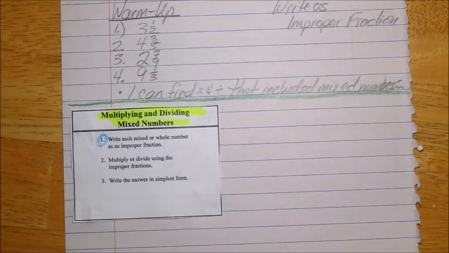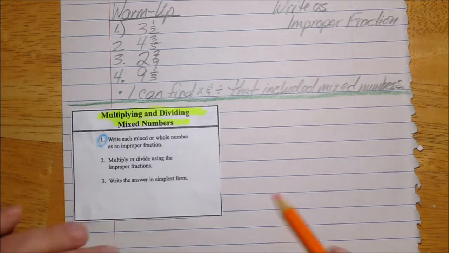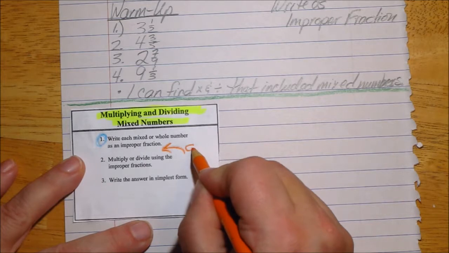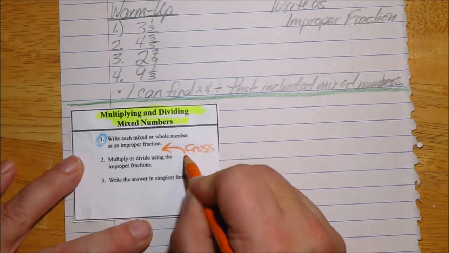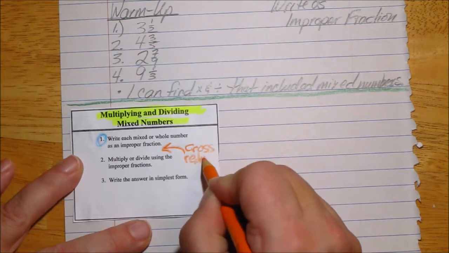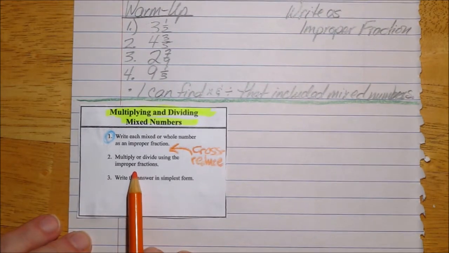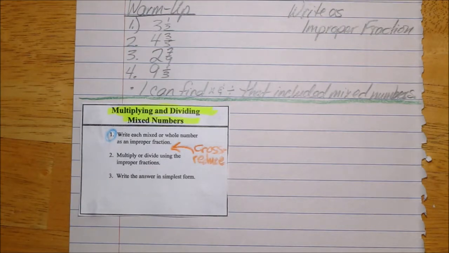Now, with my orange pencil, I'm going to put a step 2 in here of cross reduce. They don't put it on here because they assume by now that when they get to the step that says multiply or divide, you know you're supposed to cross-reduce. But I have students so often forgetting and then getting stuck with really big numbers they have to work with in multiplying or converting back into mixed numbers.